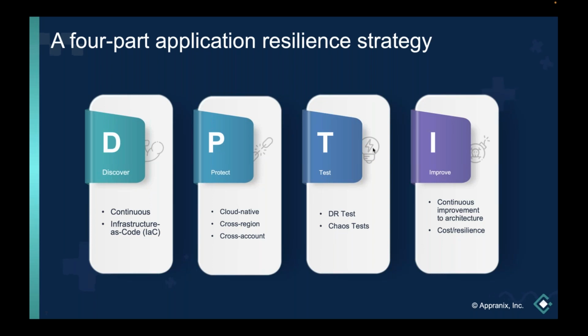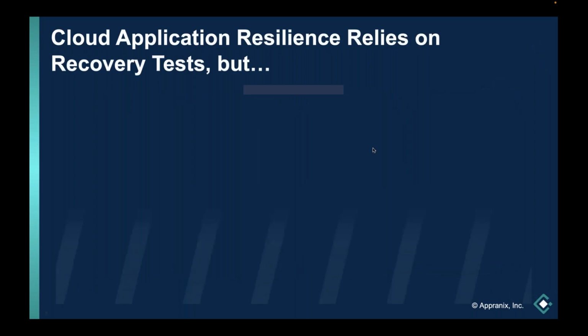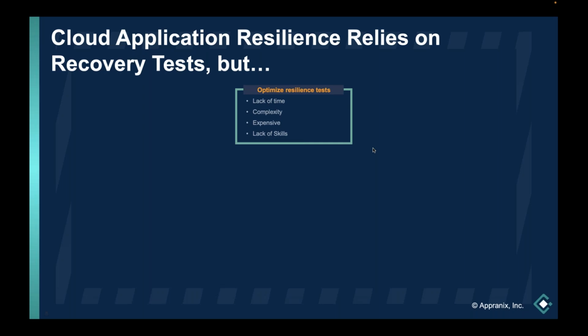Your environment might have been migrated or put in place 2 years ago, and now the cloud is different. The network capabilities are improving. So it's a continuous improvement process, right? Now, in order to test, obviously, you need to have the ability, the skill, the time, and the cost of it, right?